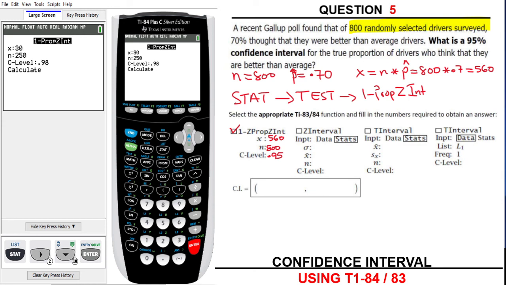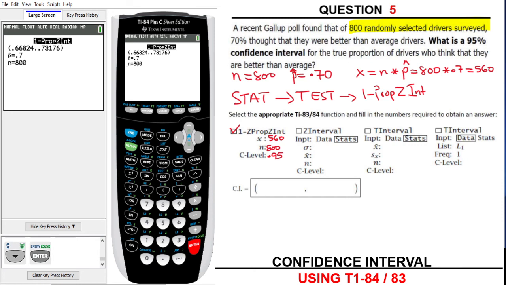Now it asks, what is our x value? Our x value happened to be 560. Our n happened to be 800. The confidence level that we are finding is 0.95. And then we hit Calculate.